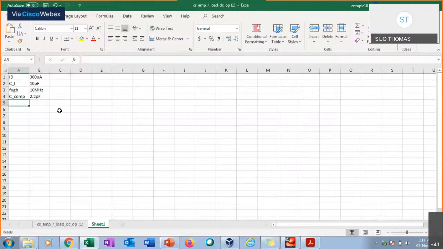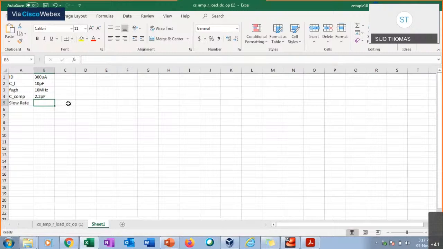Now the slew rate. Naveen, can you type SR? Okay, I'm denoting it as SR. From the specification, it is given as 10 volts per microsecond. The slew rate equation is the tail current divided by CC. So what is the tail current value? We know the slew rate and we know the compensation capacitance value.